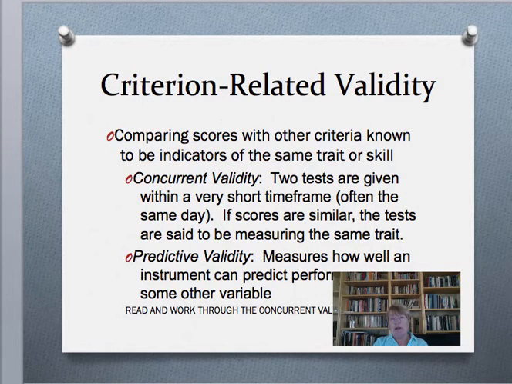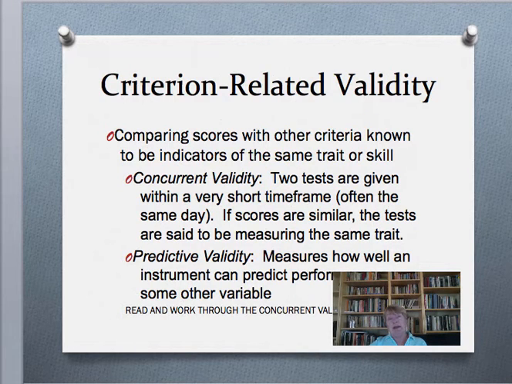And I can also look at criterion-related predictive validity, which is looking at how well an instrument can predict your performance on some other variable. So I give you test A in reading, and I predict that you are going to be a good reader in the future, that you're going to get good grades in high school, for example.